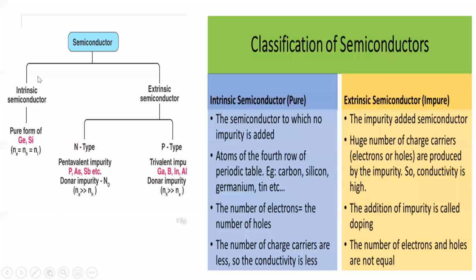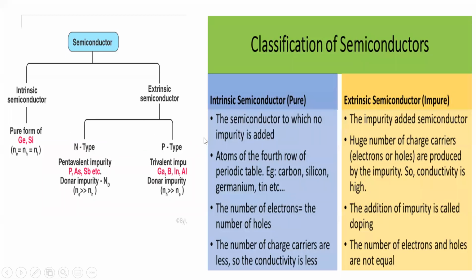What are intrinsic semiconductors? Pure form of semiconductors are called intrinsic semiconductors. And what are extrinsic semiconductors? Impurity added semiconductors are called extrinsic semiconductors. Extrinsic semiconductors, depending upon the kind of impurity added, again can be classified into N-type semiconductors and P-type semiconductors.